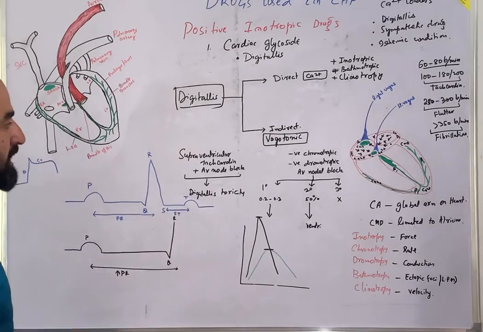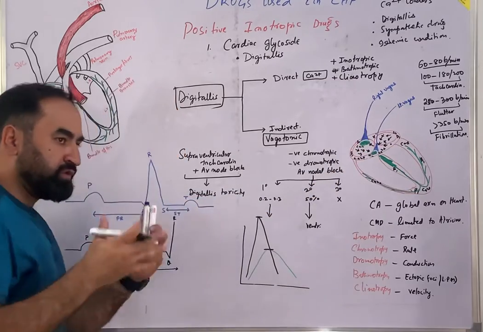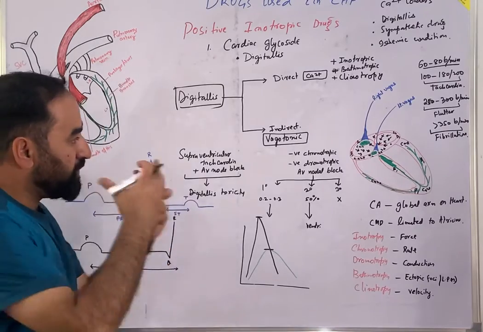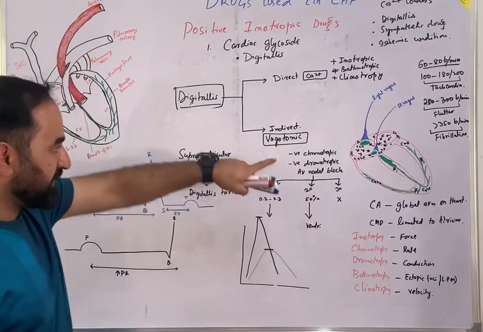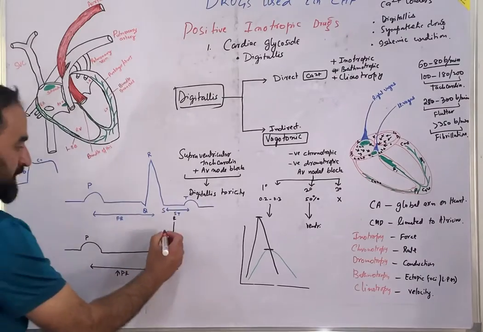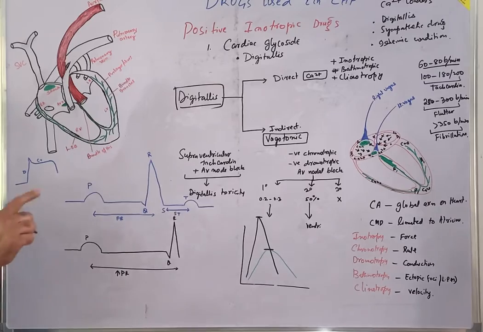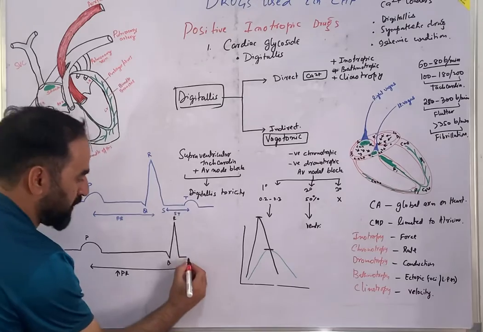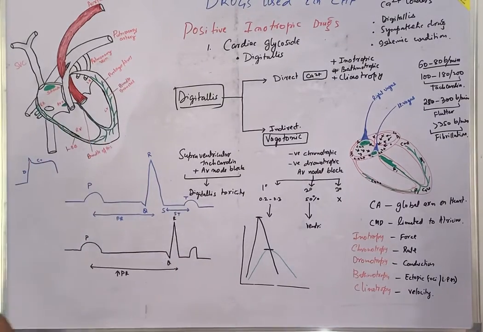Now coming to the contraction. The stimulus reaches the ventricle, and you know that digitalis is positive inotropic. It is having loads of calcium inside it. At the same time it is positive chronotropic, that is, velocity is also increased. That means this contraction comes very quickly. If contraction comes very quickly, the plateau phase is very small and relaxation will also come quickly.